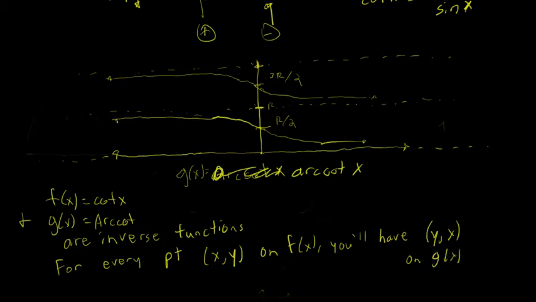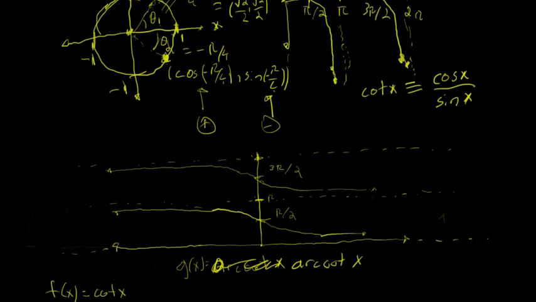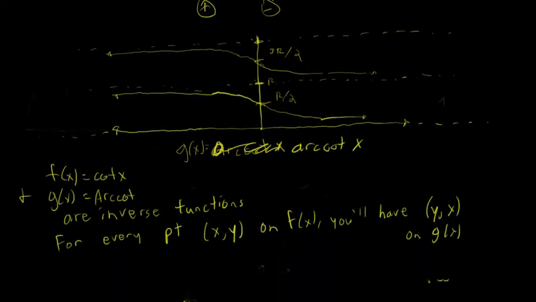And when I said reflected about the origin, I was wrong. I should have said reflected about the line y equals x. So I guess I'll give you an example here. So this is a line y equals x.